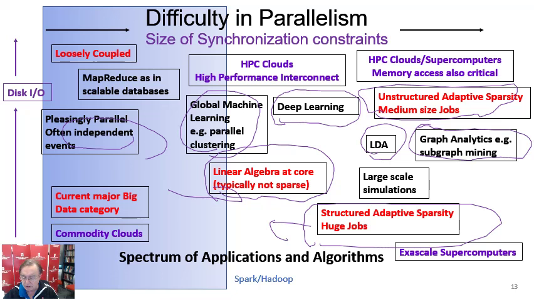And at the bottom here, we have exascale supercomputers running these things. And we have commodity crowds, because you don't need high performance for commodity map-only applications. And in between, we have what I call an HPC cloud, which is a cloud-like design, but with high-performance interconnects to get the performance you need.